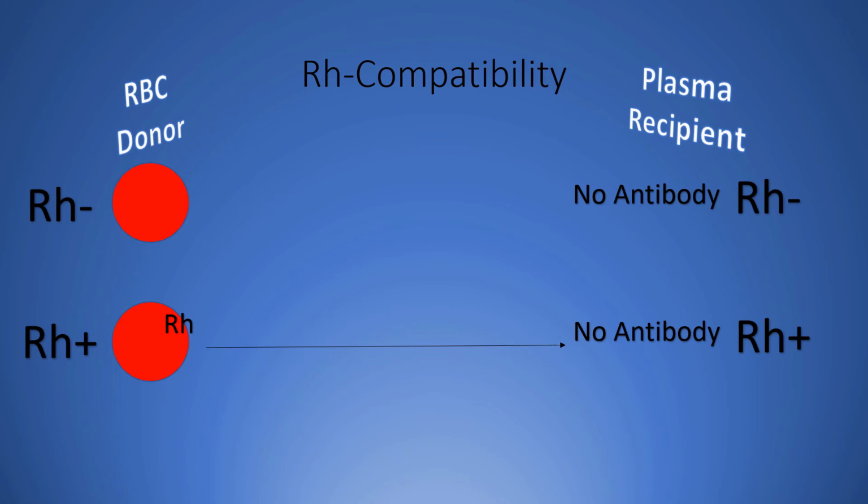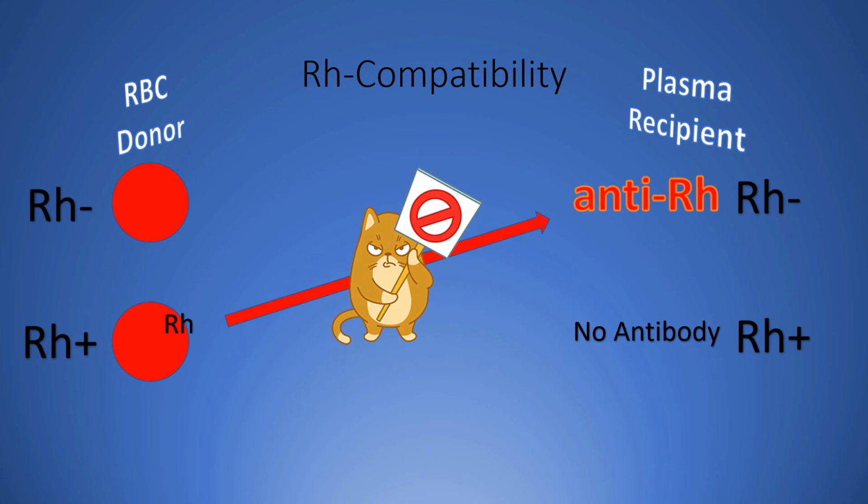Even though there is no antibody present in someone who has not been exposed to the Rh antigen, we cannot transfuse Rh positive red blood cells to an Rh negative recipient because they will produce anti-Rh antibody when exposed to the Rh antigen. This will then cause subsequent transfusion reactions.